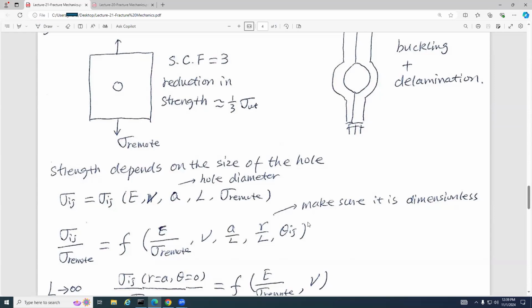R is the radial distance from the point of interest to the hole, and theta is the orientation.